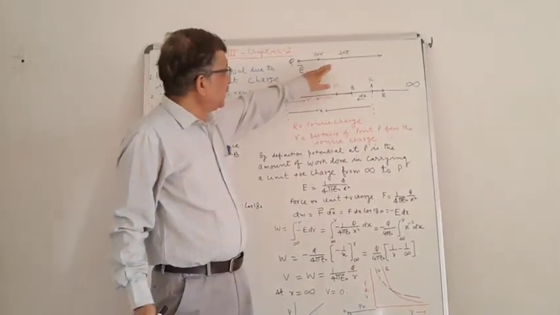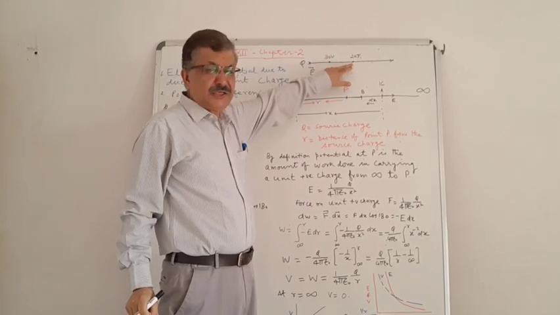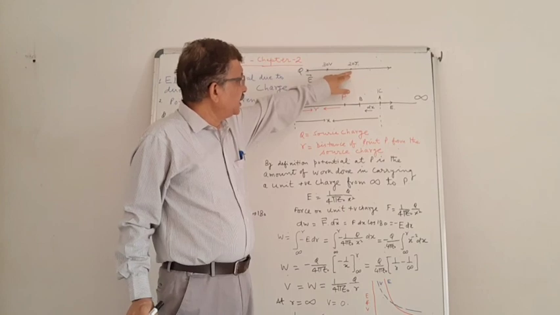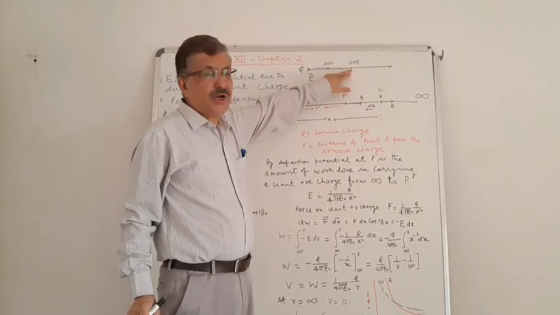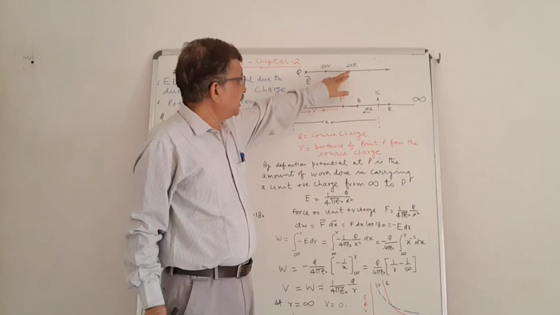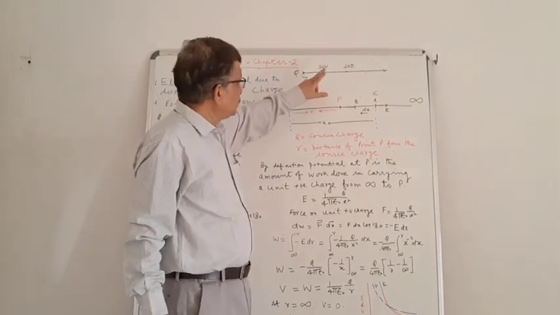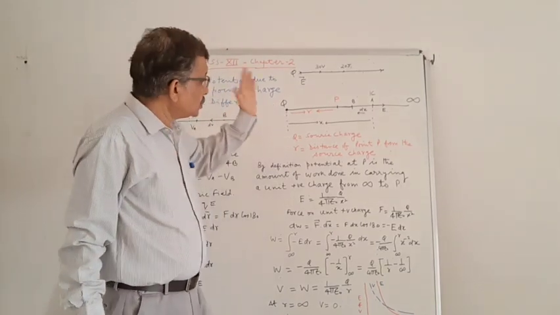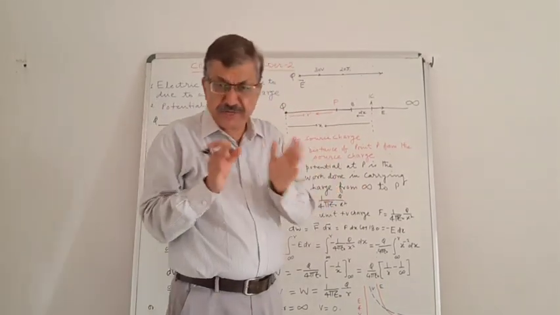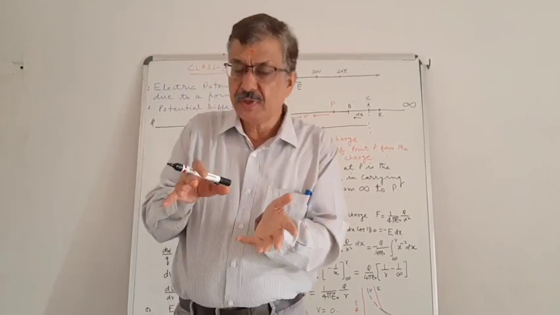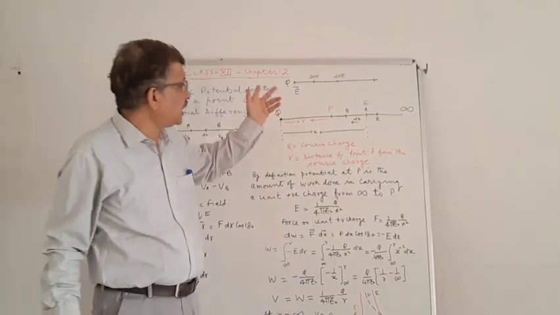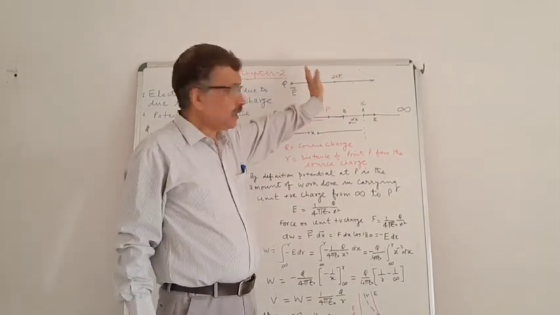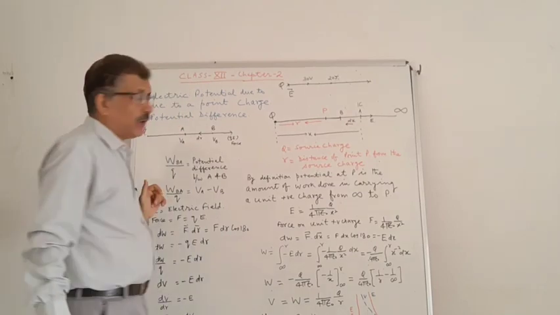Then we can say that the potential associated with this point will be 20 volt, and the potential associated with this point is 30 volt. So this quantity gives the effectiveness of the source charge in the region.